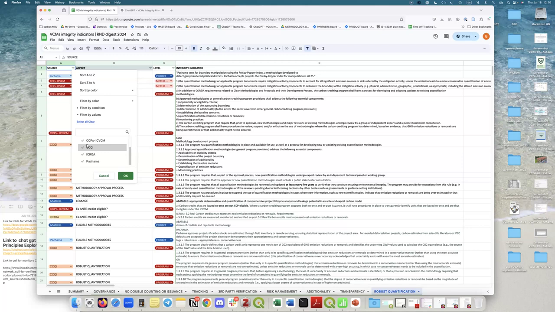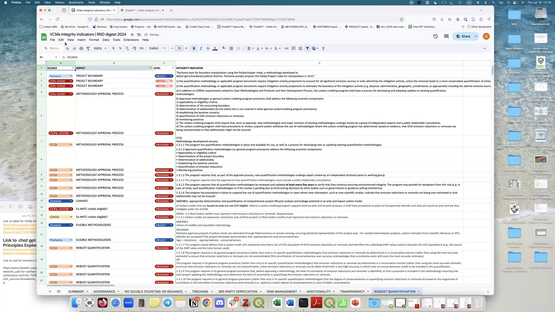But I thought it was useful because the other ones like ICROA or the CCQI, which is the Carbon Credit Quality Initiative, are standards that work more at the program level. So sometimes the things that they request are more for the program and not so much for the methodology or for the credit class level. So I think it was useful to compile all of this.